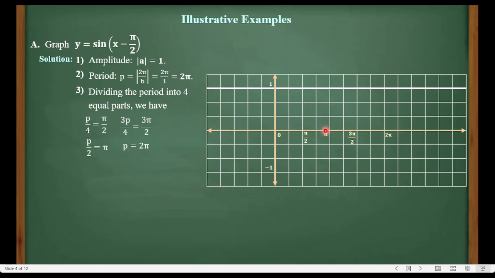Another 2 units, so that is pi. Then another 2 units, we have 3 pi, and then 2 pi. So we simply graph the mother function of this one, and that is y equals sine of x.